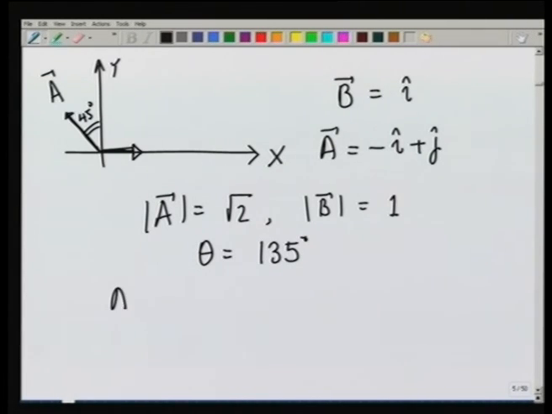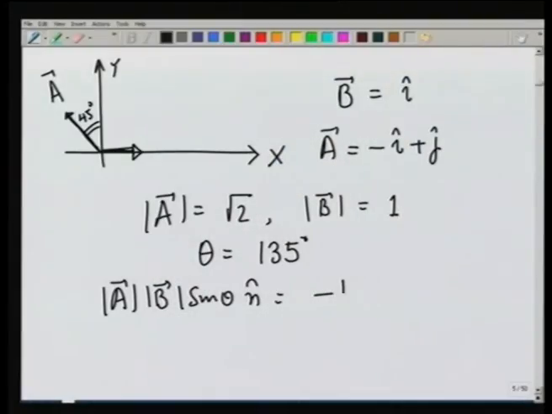So, therefore, A B sin theta n is going to be equal to, sin of 135 is 1 over root 2, so it is going to be equal to 1 times n. Turn A towards B through the smaller angle, and that gives you a direction opposite to z axis. So, this is going to be minus k. Let us see if you get the same answer if I explicitly do component wise a vector product.